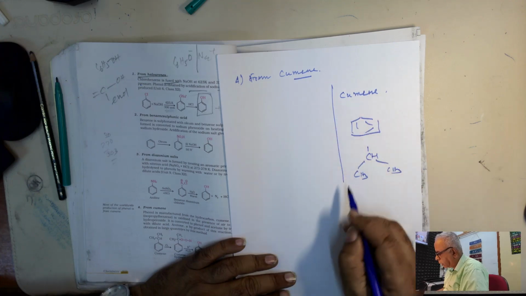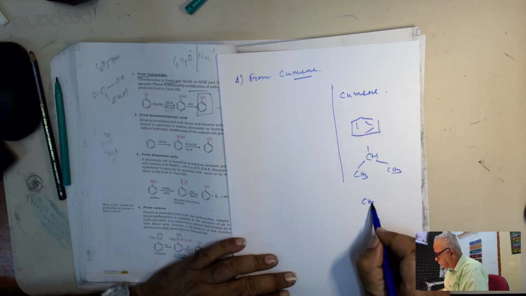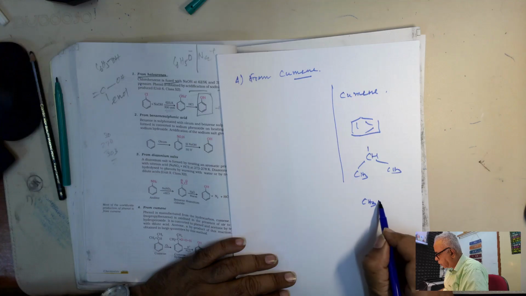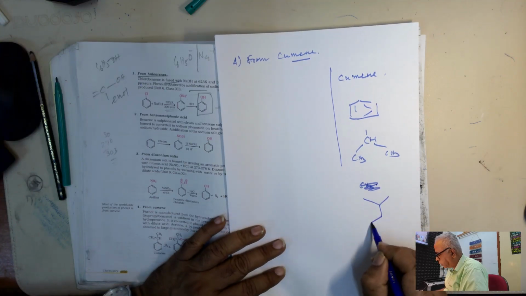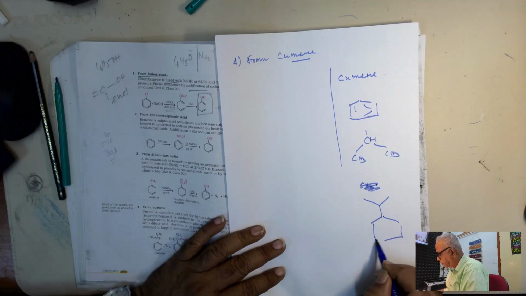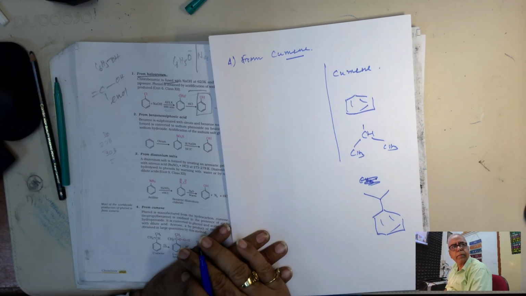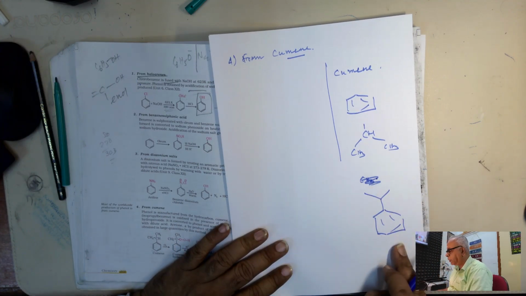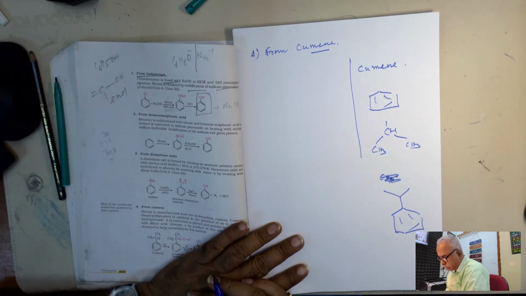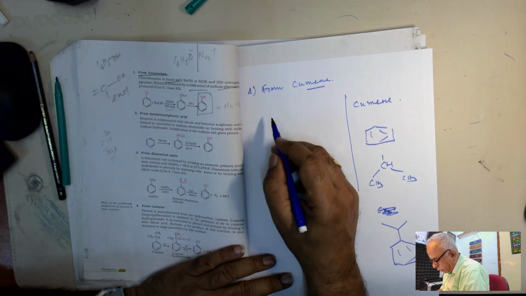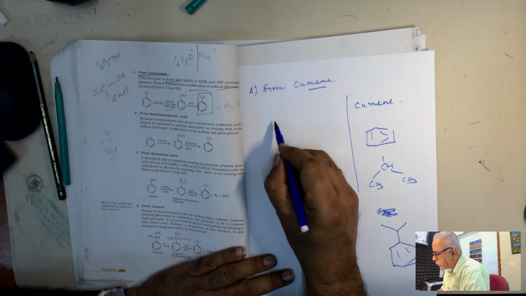Now it is going to attach here, so that CH3 and then you can put simply like this, okay? So isopropyl benzene, that is nothing but cumene, right?